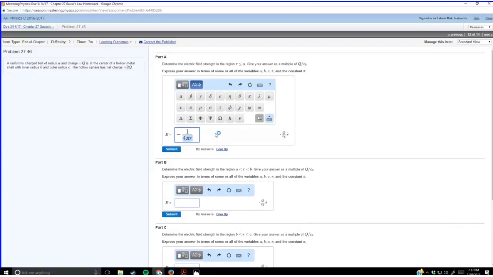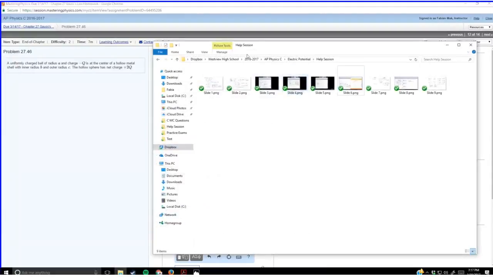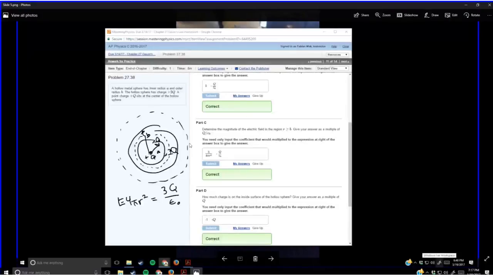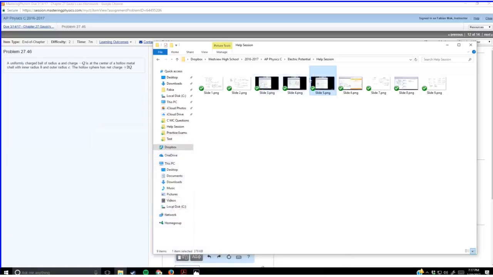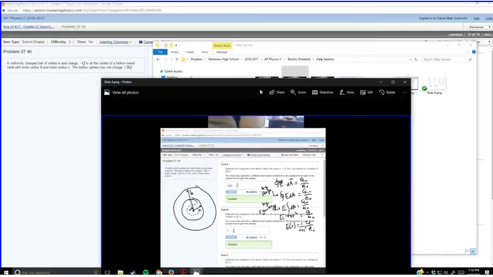And let me see if I can pull up when it was. It was this one, before this one. So when you do Gauss's law, you have your charged sphere.